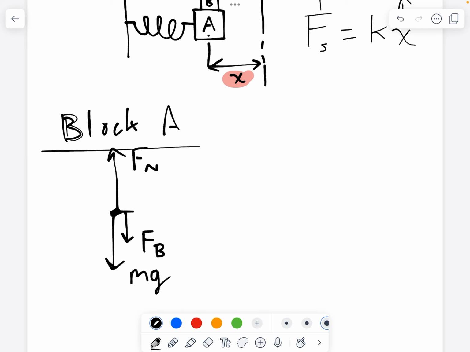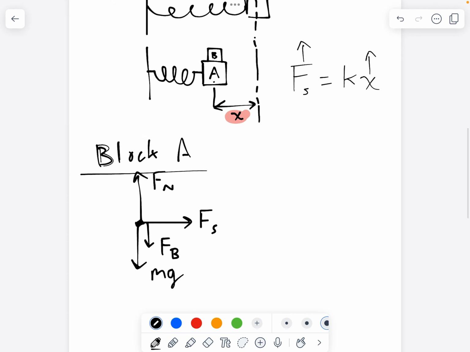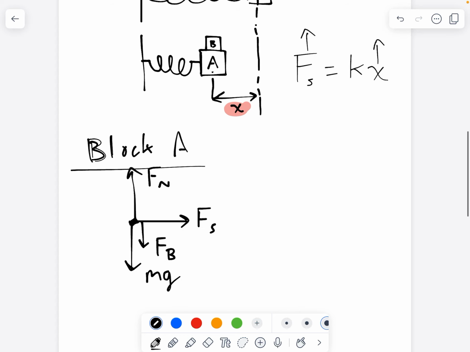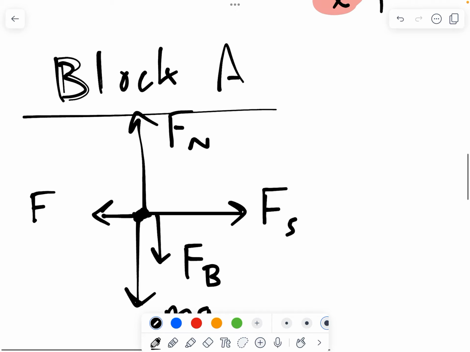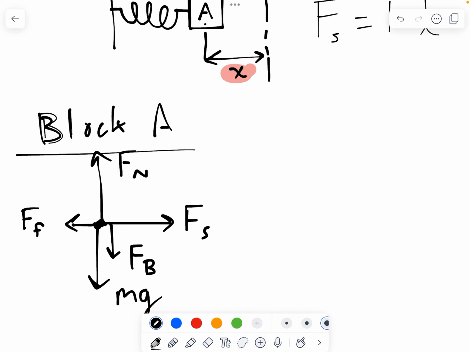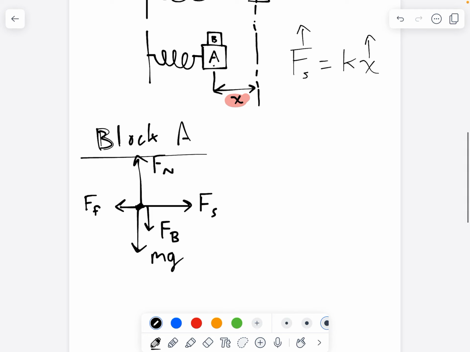And then we have the spring force pushing to the right. And as block A tries to push, block B will push back, so we actually have the force of static friction from block B pushing on block A. Okay, that's one way we could look at it.